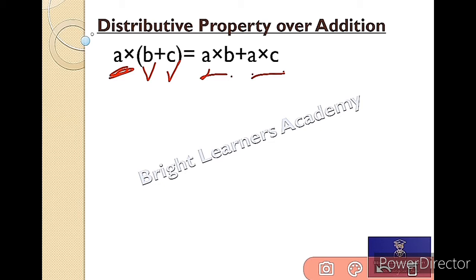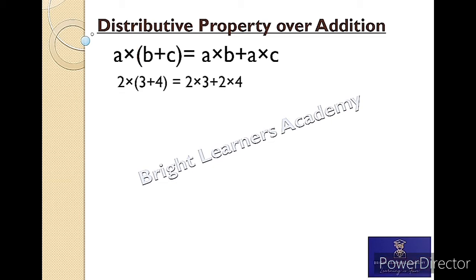Remember the example? So just remember the example and follow it. So you will always remember this formula. So A into B plus C is equals to A into B plus A into C, because you will have to distribute this sweet to your both friends B and C, right?